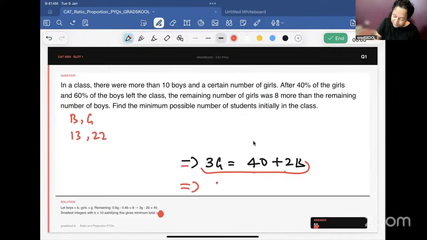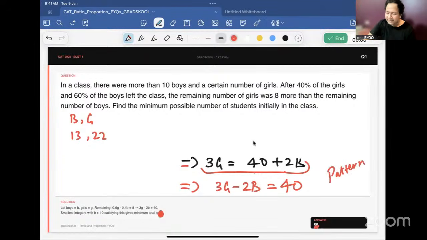Now, guys, you need to understand one thing very clearly. Here, 3G minus 2B is equal to 40. Now, this is a very important pattern which we're discussing completely in algebra, but you need to understand one thing for sure, that the value of G will change by the coefficient of B. If G increases by the coefficient of B, B will decrease by the coefficient of G. And if G decreases by the coefficient of B, B will increase by the coefficient of G. So basically, G decreases by -2.